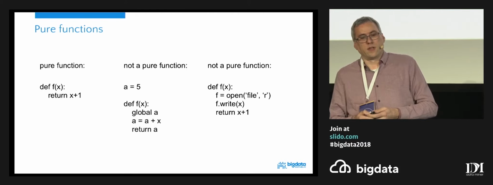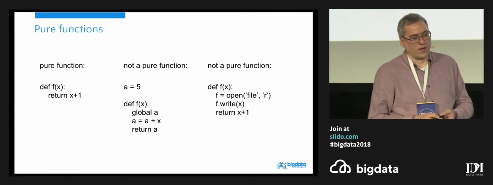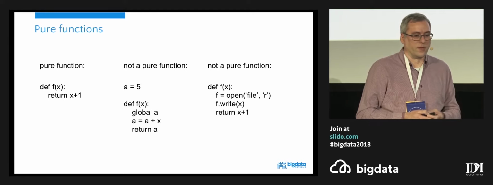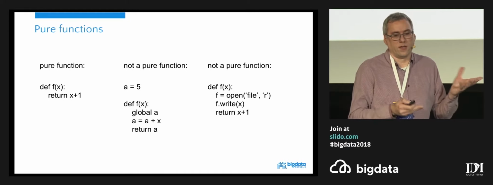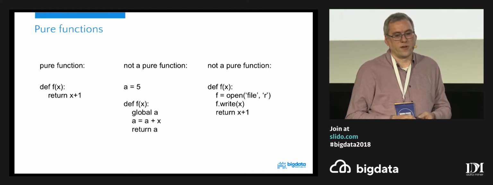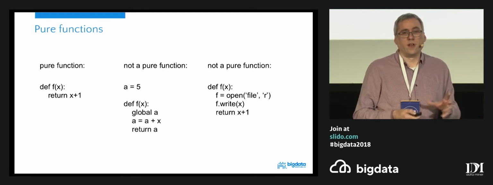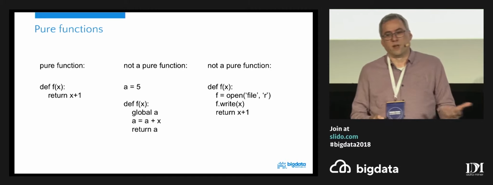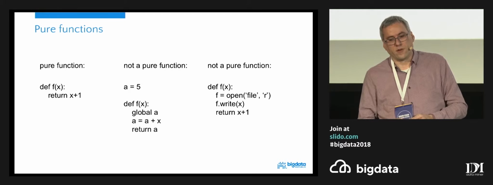So as an example of pure functions, at the left you can see a correct pure function implementation. If you call this, you will always get that result, and it is only dependent on the input variable. In the middle, it is not a pure function because I've created a global variable, and a global variable has a state, and that state is manipulated inside the function itself.